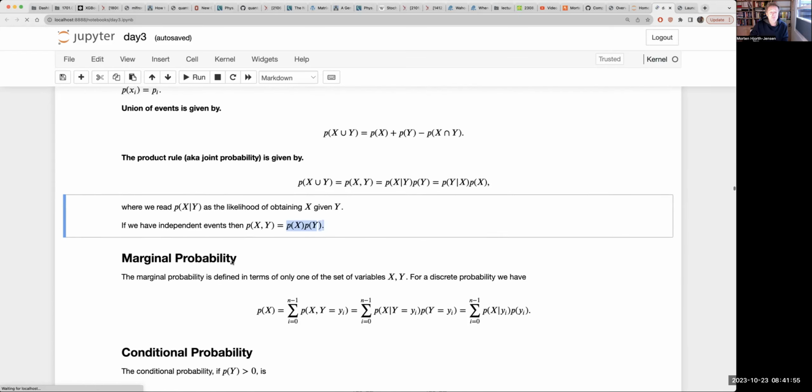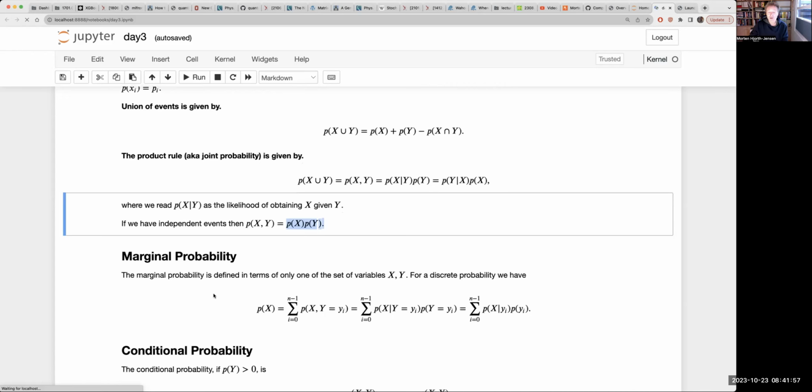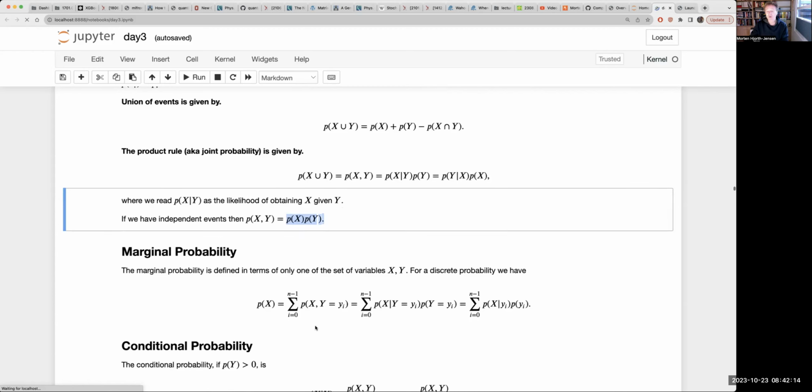Now, there's something which is called the marginal probability. What we are doing then is that we are simply summing up over one of the variables. And this often leads to us getting rid of one of the degrees of freedom. This is important when we are looking at, let's say, some normalization properties or probabilities.